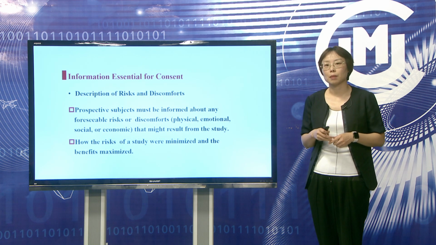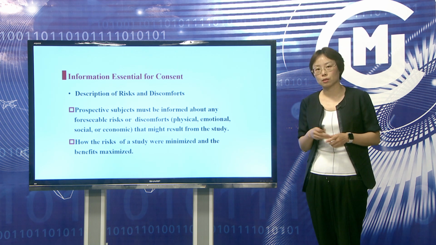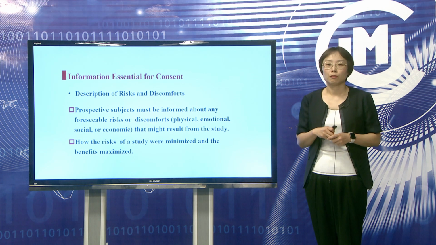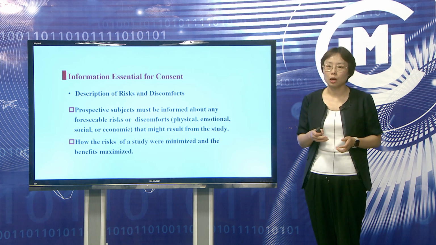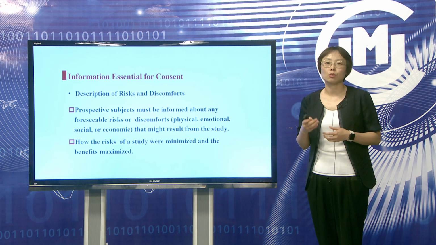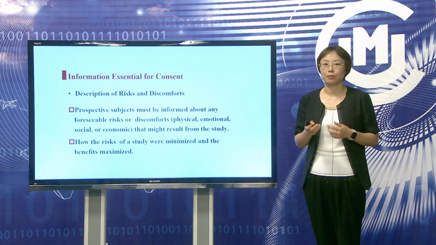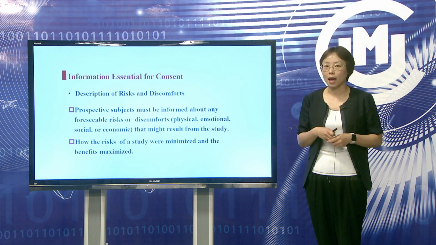Prospective subjects must be informed about any foreseeable risks or discomforts, for example, physical, emotional, social, or economic, that might result from the study. And they also must know how the risks of a study were minimized and the benefits maximized.